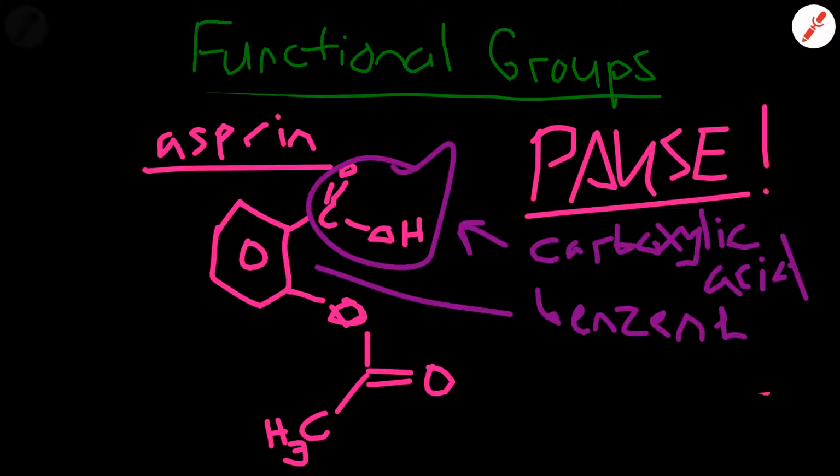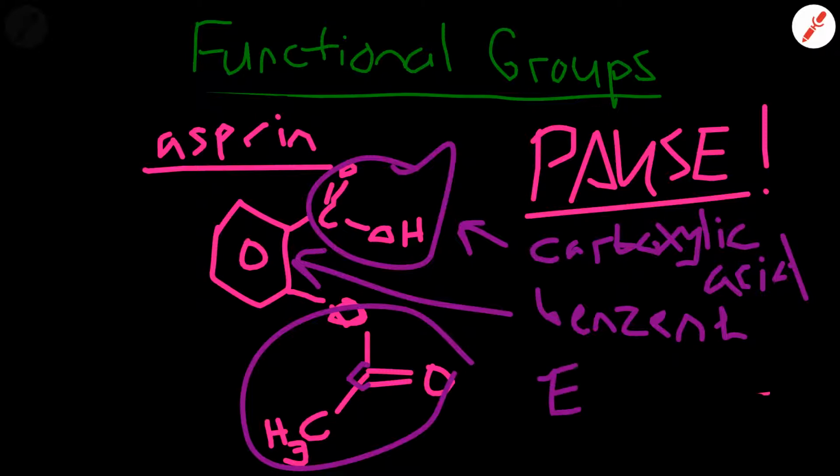Benzene. And if we look here, we have our ketone, R group on one side, oxygen on the other that's sandwiched between two R groups itself, so we have an ester. So there are the functional groups on aspirin.